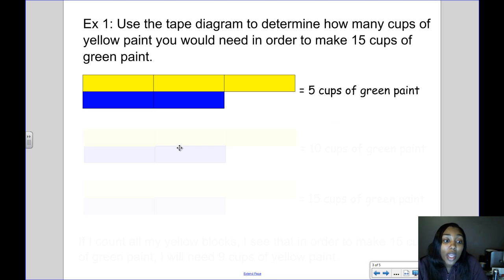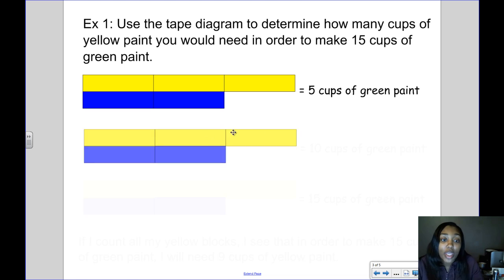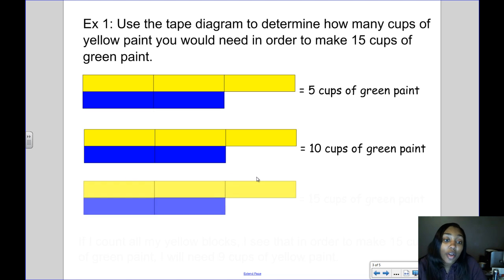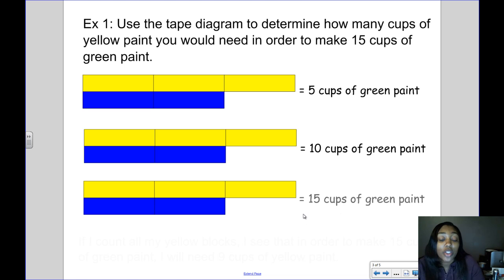If we do another mixture of the 3 yellow to the 2 blue, then again that's going to make us another 5 cups of green paint. So now together we have 10 cups of green paint. Then if we do another set of this mixture, another 3 cups of yellow paint to another 2 cups of blue paint, again that's going to make us another 5 cups of green paint, which now gives us a total of 15 cups of green paint.